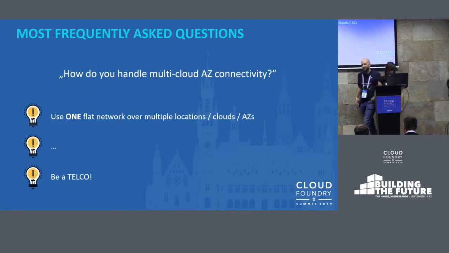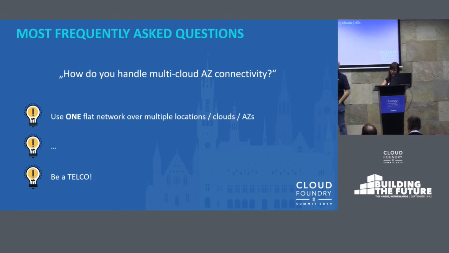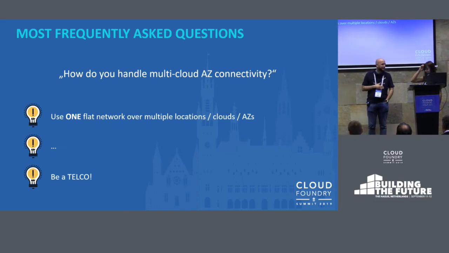Yeah, we've been asked this question before: how do we handle this multi-cloud connectivity? What we have is these 3 availability zones, and we just have one flat /16 network that spans over them, and each availability zone gets assigned, I think, a /19 block out of it.